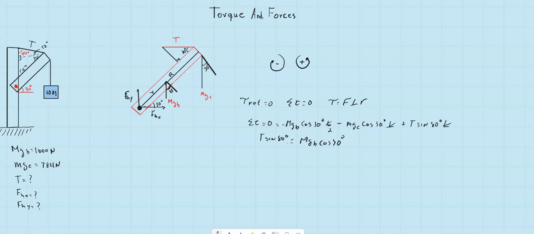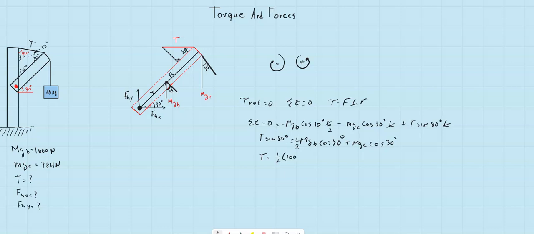Plus mg of the crate cosine 30 degrees, and this is over 2, I'm sorry, so I'm going to have to multiply this by 1/2. And once I do that, I can move the sine 80 degrees to the bottom.